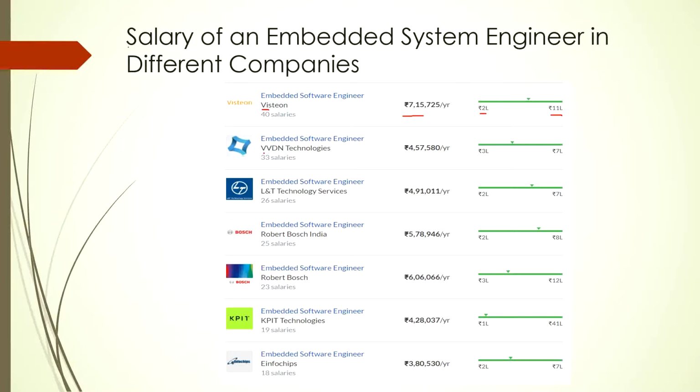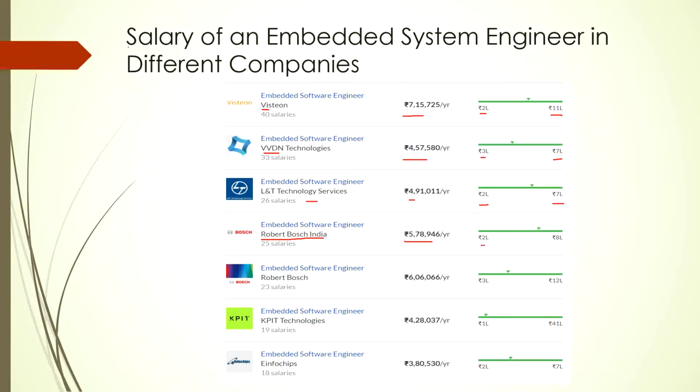Then we have VVD and technologies. They start from around 3 lakh to 7 lakh, so the average is around 4.5 lakh per annum, right? Then L&T starts from around 2 lakh and goes up to 7 lakh, so the average is around 4.9 lakh, right? Robert Bosch is the one which is mainly into embedded systems, so they pay around 5.7 lakh per annum, right?